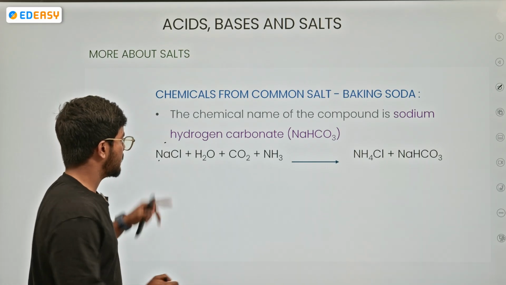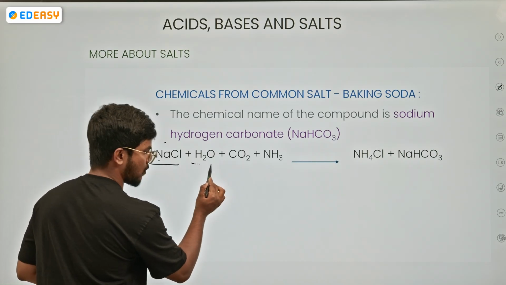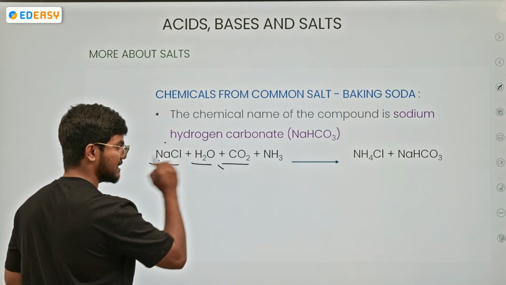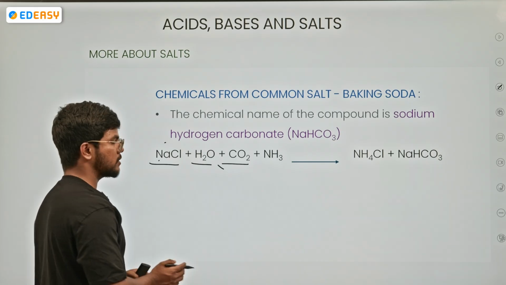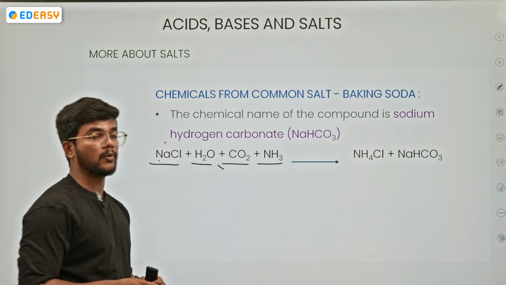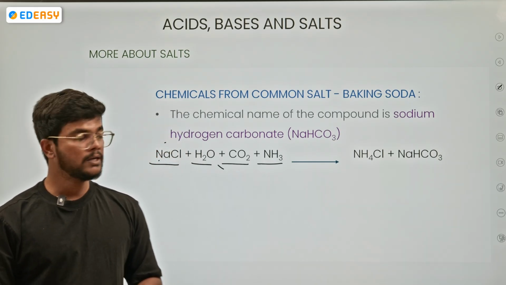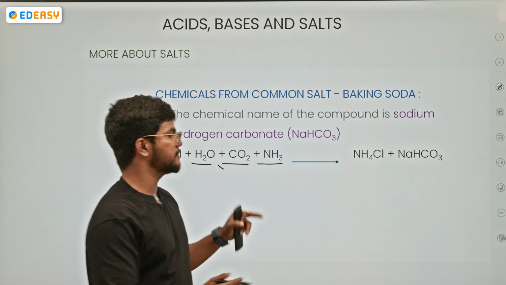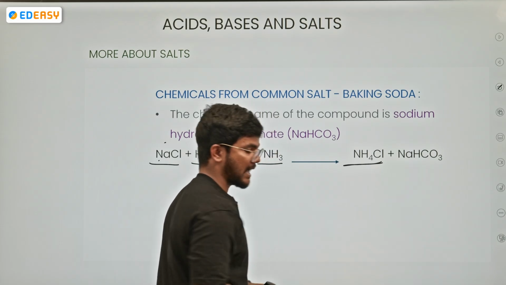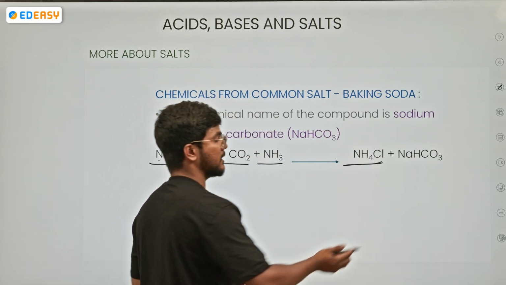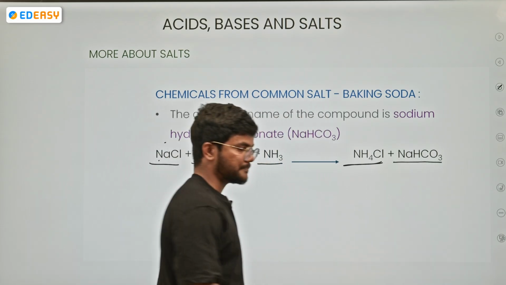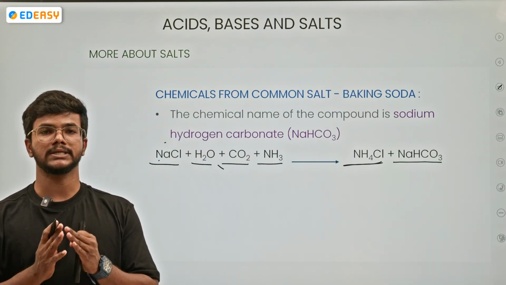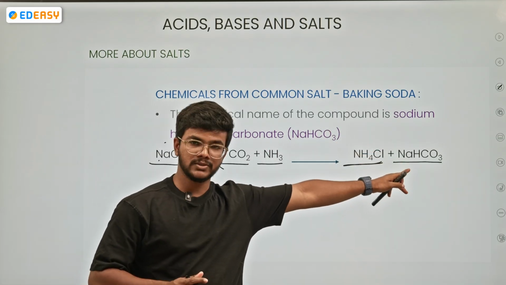So sodium chloride reacts with water and carbon dioxide, transferred into this NaCl plus water solution with the ammonia. Okay, ammonia has a pungent smell. When these chemicals are mixed together, that gives NH4Cl, which is ammonium chloride, and also NaHCO3. NaHCO3 is sodium bicarbonate, sodium hydrogen carbonate, which is baking soda.